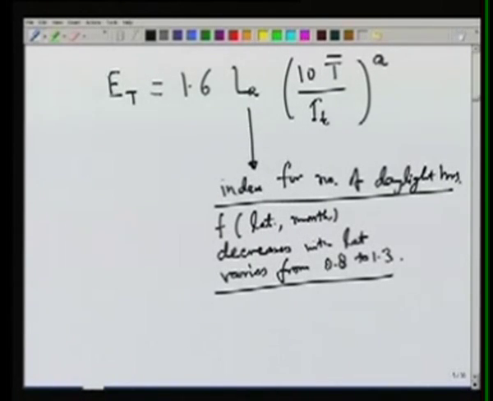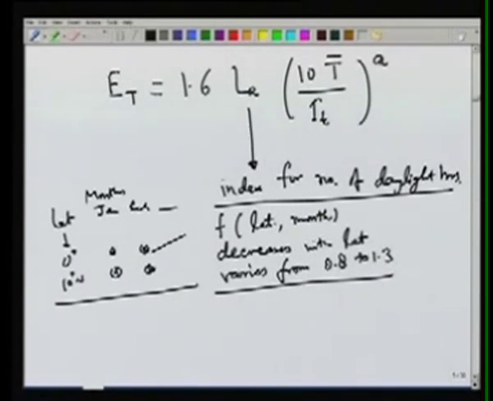So there are tables available for different latitudes and different months, January, February and so on, latitude 0 degree, 10 degree north and so on. So we will have these values of L_a given in a tabular form, and you can look up from here what is the value. So this is an index which denotes the number of daylight hours for a particular month.